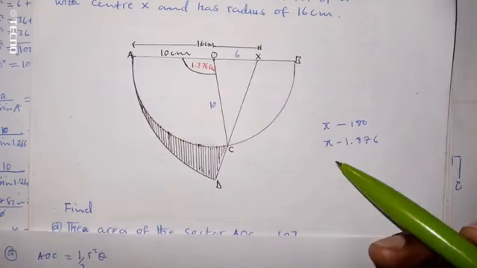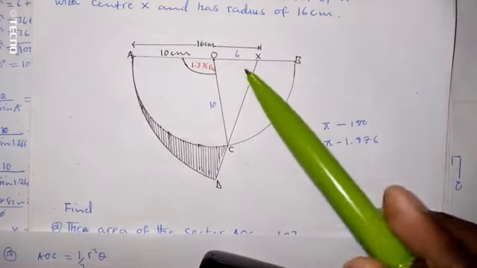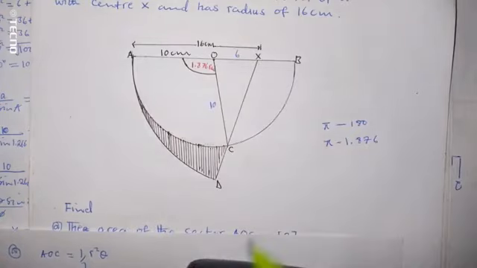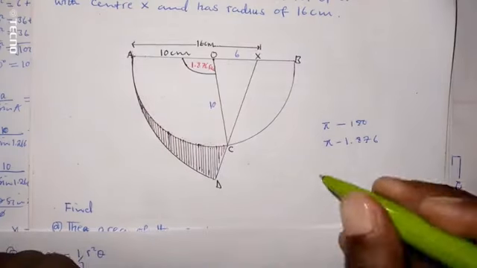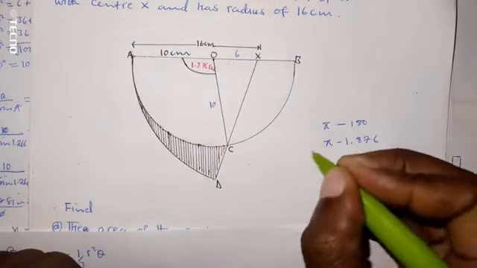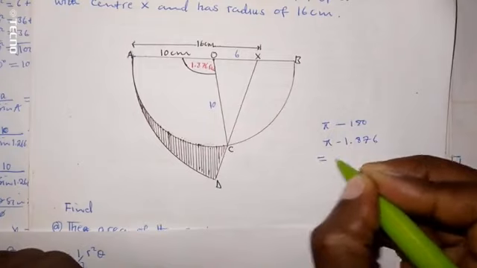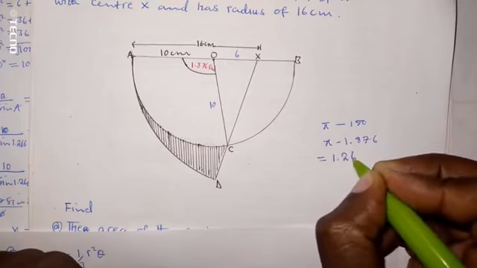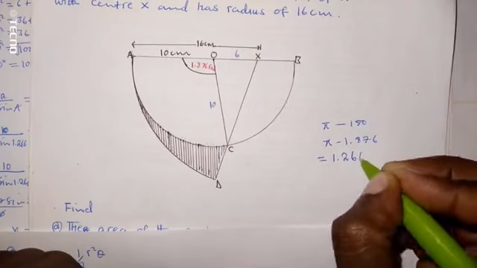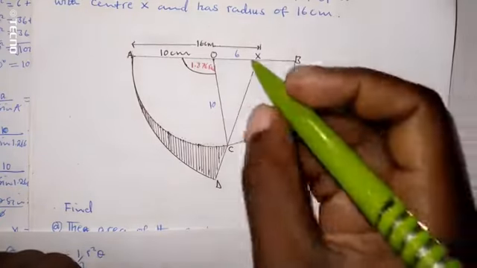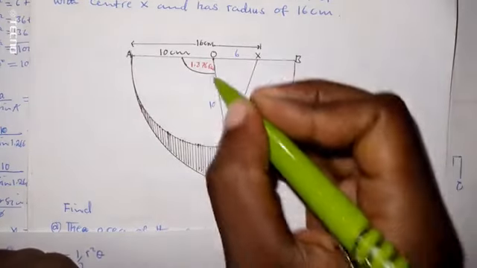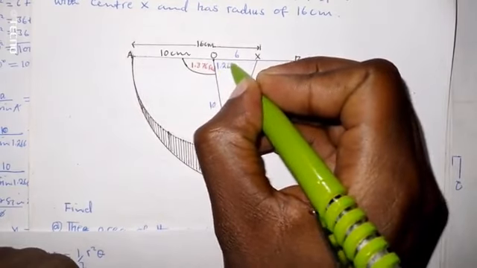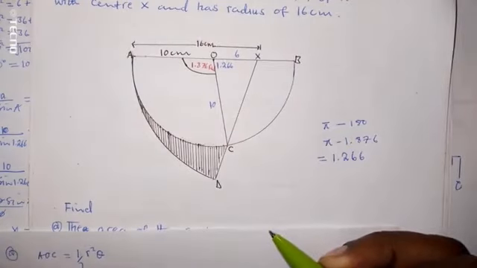So let's subtract and find the angle at O, which is XOC. So here, once we subtract, what I'm getting is 1.266, rounding off.